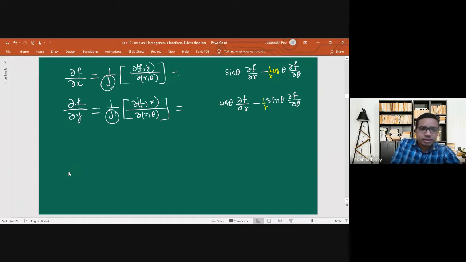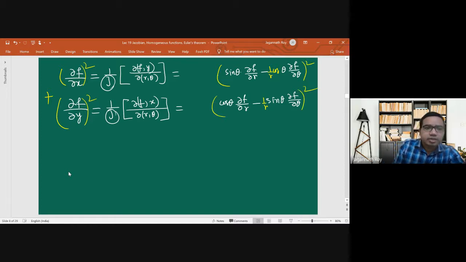Now if we take the square and take the addition, then what will happen?